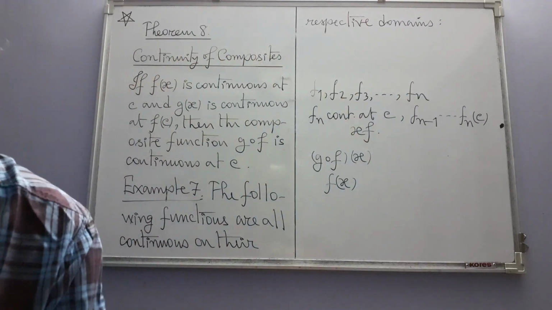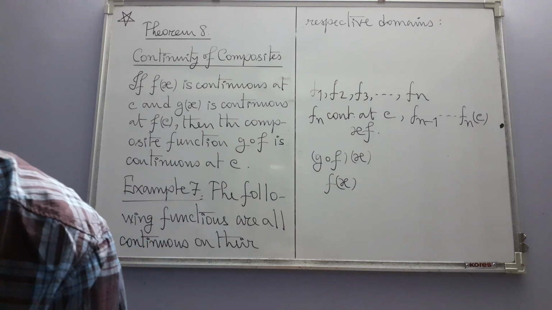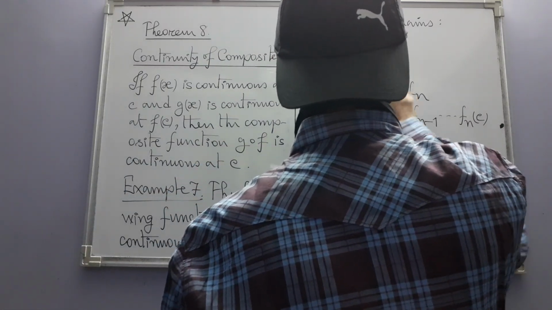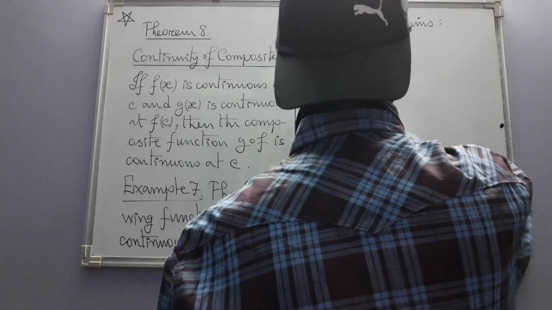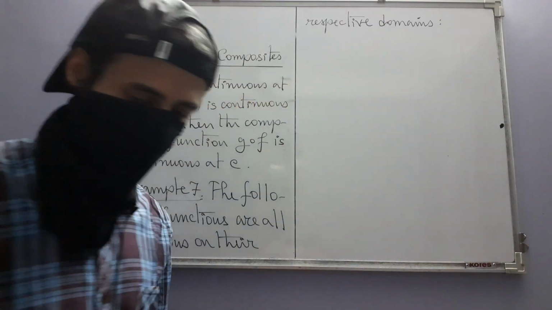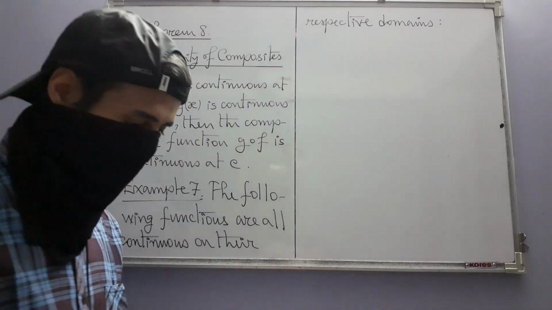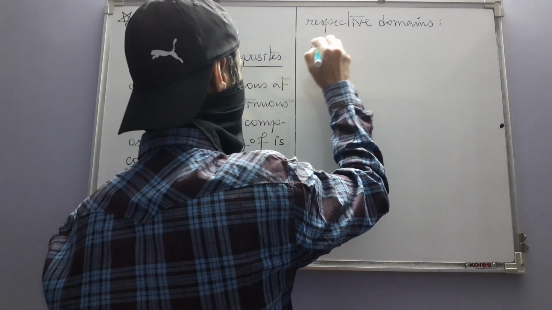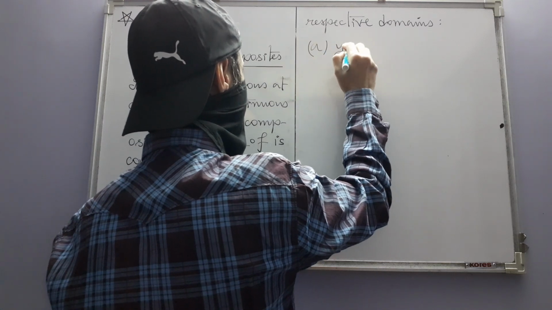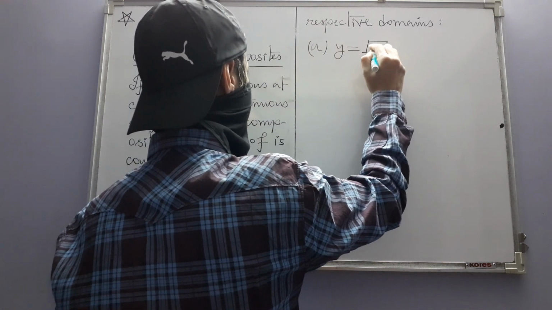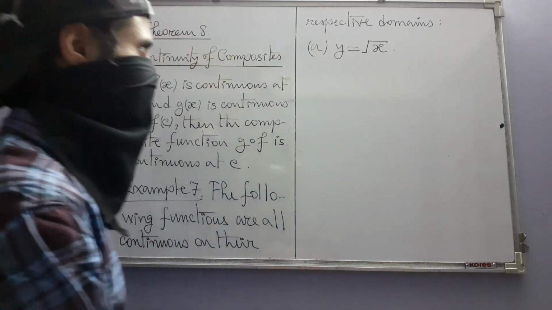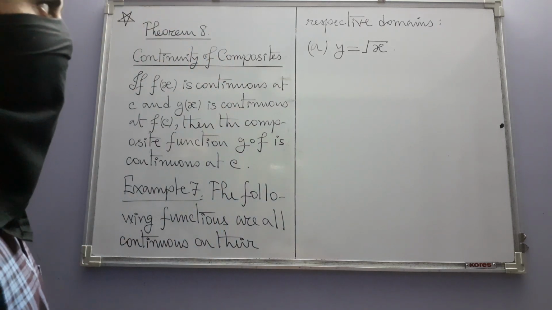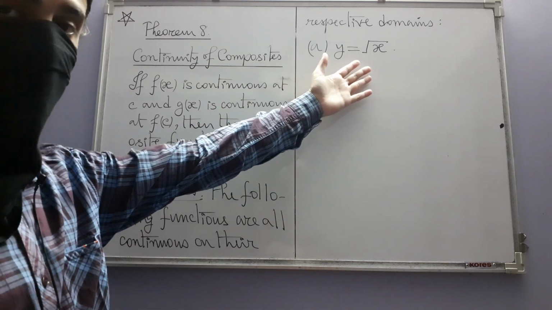So let us now see what the functions are. The first one is of course our ordinary square root function. This function is continuous in its domain, and that fact follows from the power rule for continuity.